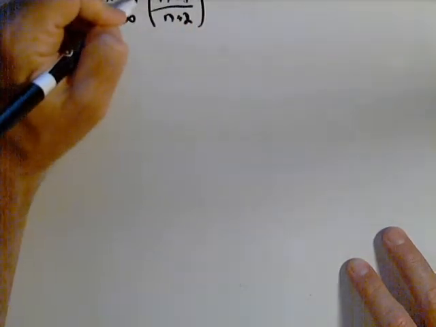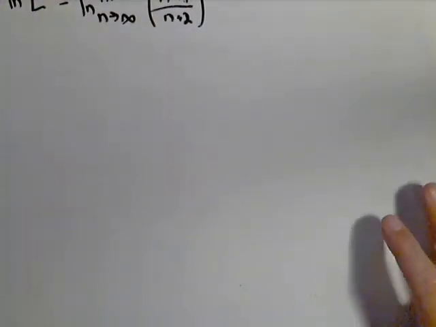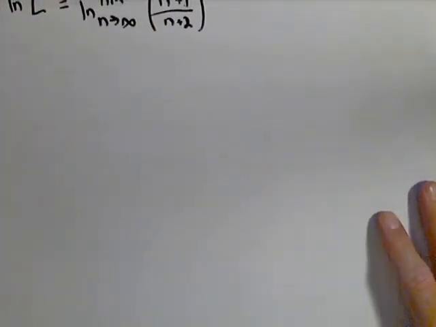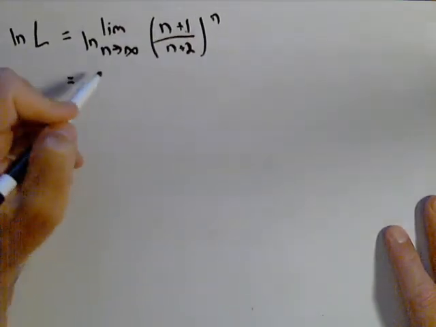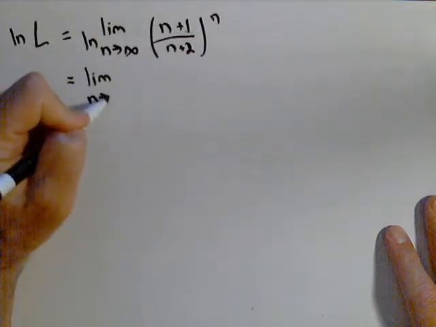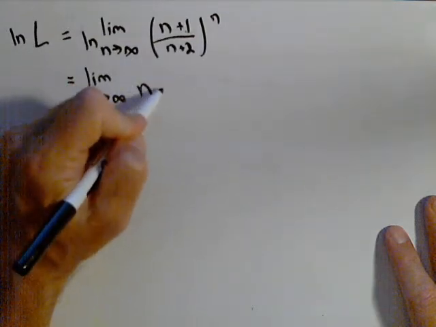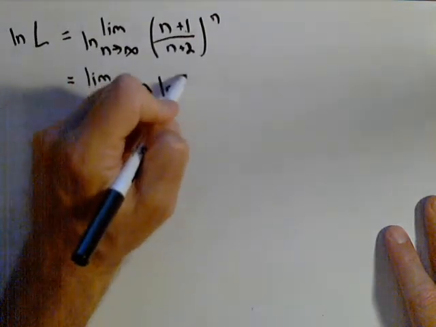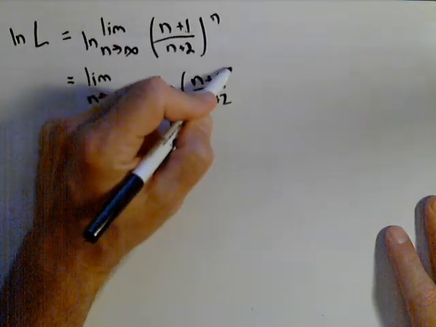I'm going to take a natural log on both sides. Now I can pull the limit out of the natural log, and it's essentially the right hand side I want to concentrate on. Because I'm taking the limit as n goes to infinity, this allows me to pull the n out in front: n times ln of n plus 1 over n plus 2.